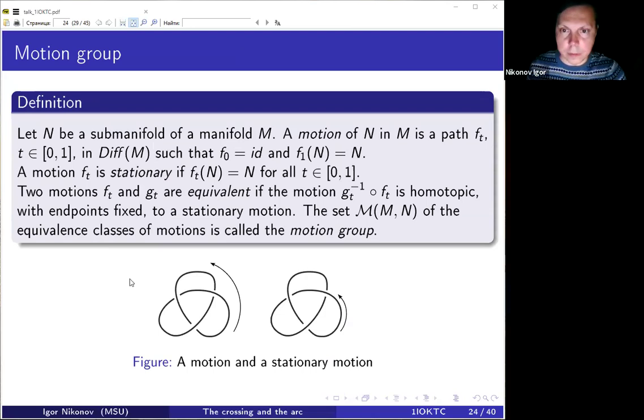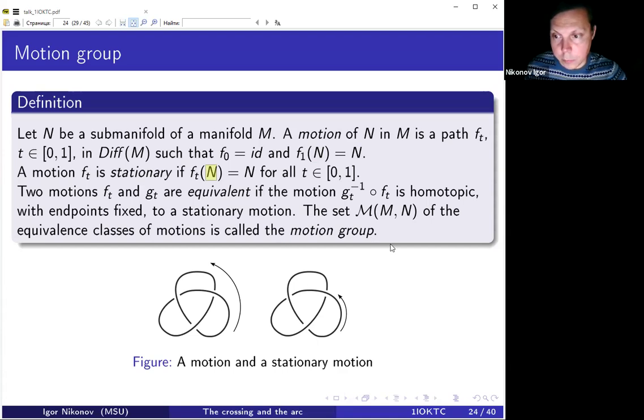In general, if we have a submanifold N in a manifold M, then a motion is an isotopy of the large manifold M such that the initial position and the final position of N is N. And if at each time the position of N coincides with N, then we have a stationary motion, and the quotient of all motions by stationary motions is the motion group of the submanifold.